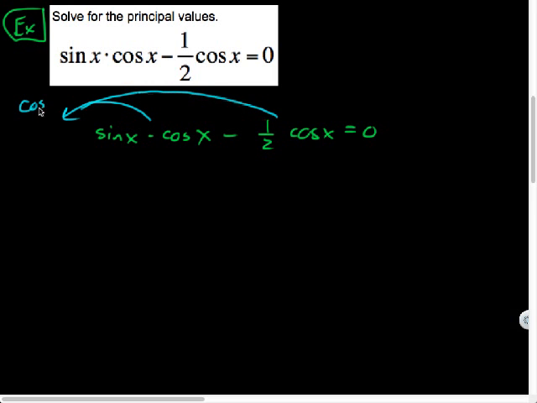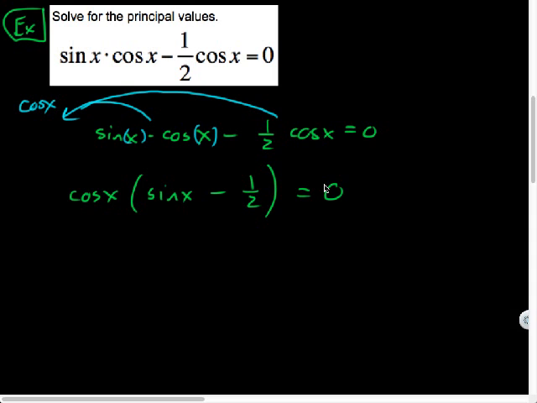Cos x. Now x is stuck on the inside, so it's not just cos times x. Cos x is an entire part of that term, like a factor within it. So I can factor cos x out of this, and I get cos x times sine x minus 1/2 equals 0.